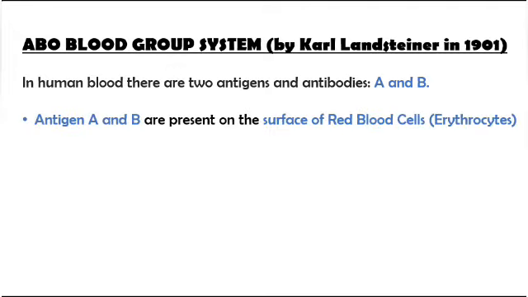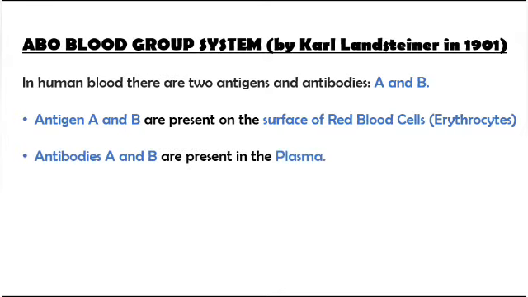Antigens A and B are present on the surface of red blood cells. As I have told you earlier also, for determining any blood group type, we must know the antigen. The antigen determines what will be the blood group of the person. So whatever antigen is present on the surface of the RBC, that will be the blood group of the person. RBCs are also known as erythrocytes.